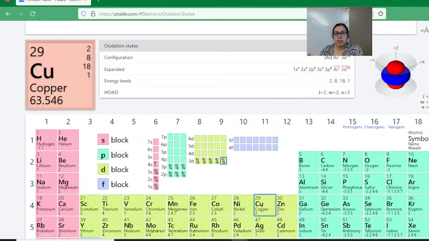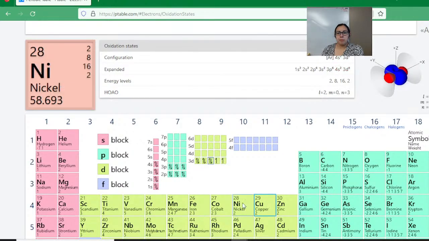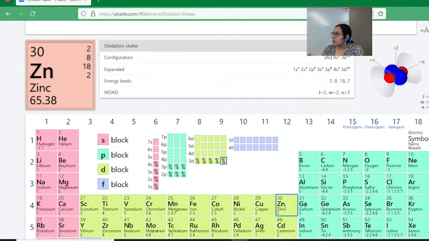Cobalt, nickel, and then copper, you get that oddity again where it throws all the electrons into the d and then just has a 4s1. But that kind of explains why copper tends to be in the 1+ oxidation state. Same thing with zinc. It tends to be 2+ because those electrons are actually coming from the 4s.